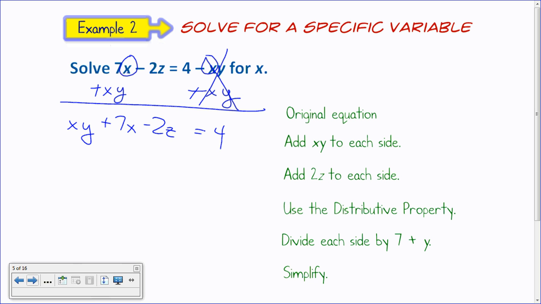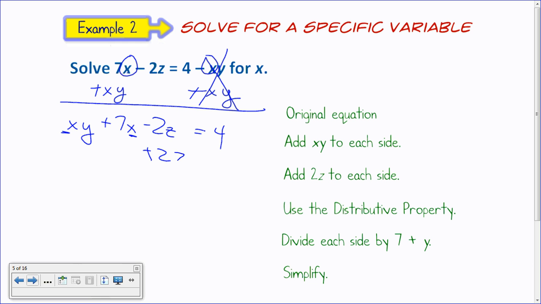Okay. My next step, now that I've got the variables that I'm solving for on the same side, is to get everything else away from it. So, is there something else that I can move pretty easy? Very good. How?